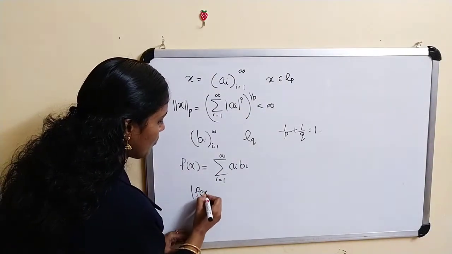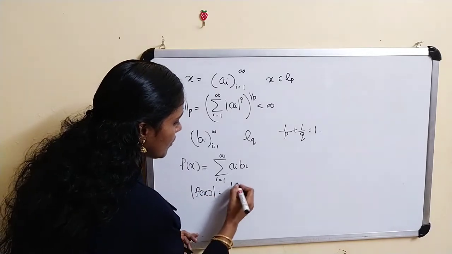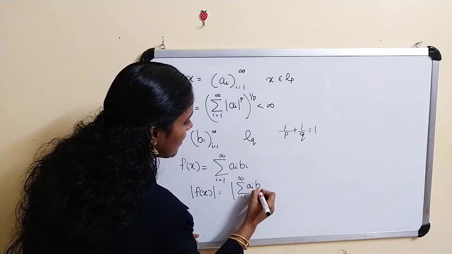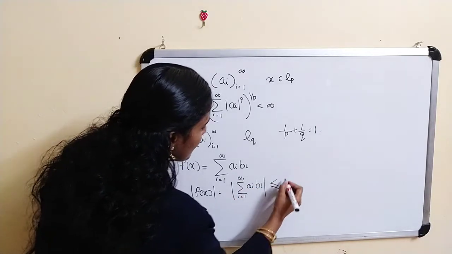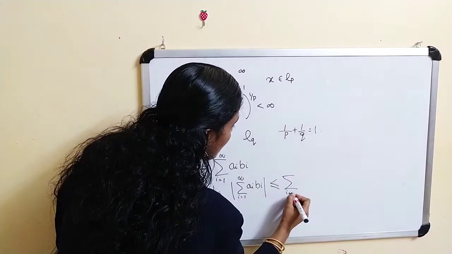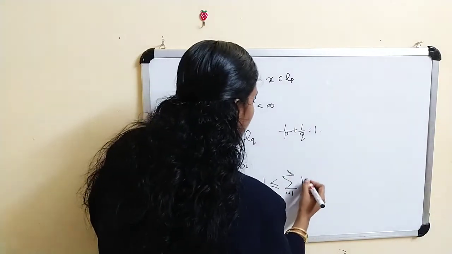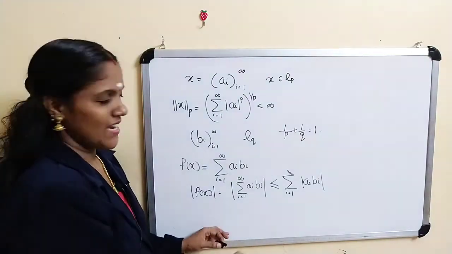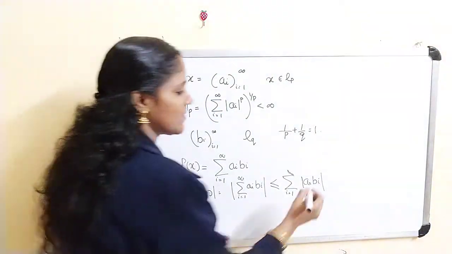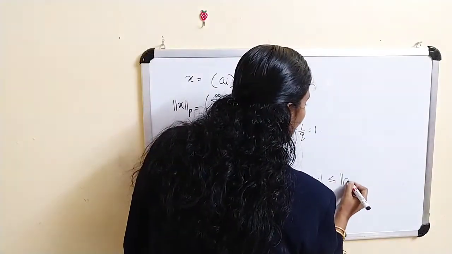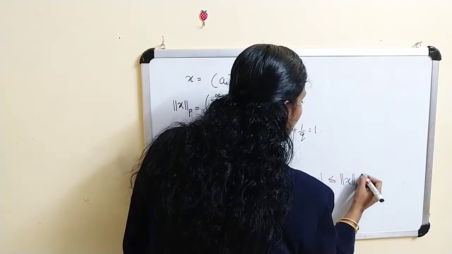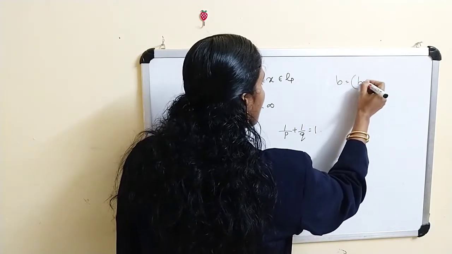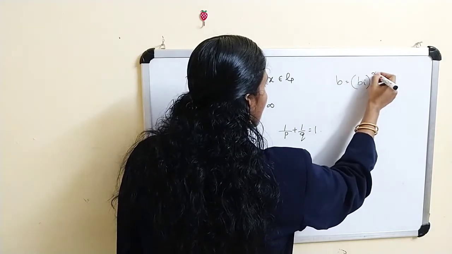What about mod f of x? Mod f of x is equal to the modulus of sigma i equal to 1 to infinity a_i b_i, and this is clearly less than or equal to sigma i equal to 1 to infinity |a_i b_i|. And by Holder's inequality, this is less than or equal to norm of x, the p-norm, into the norm of b, where b = (b_i), i varies from 1 to infinity.